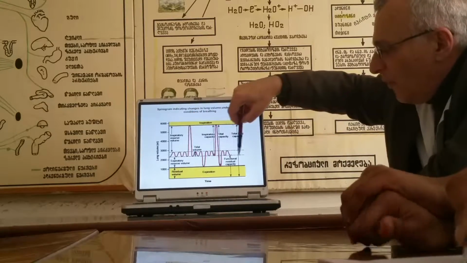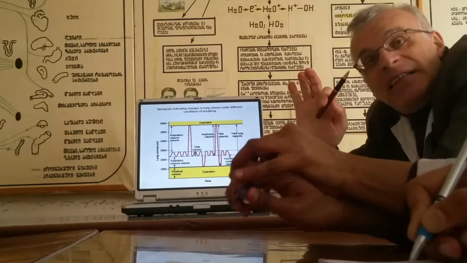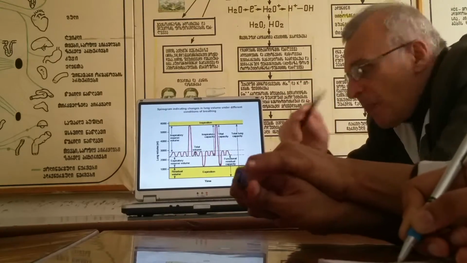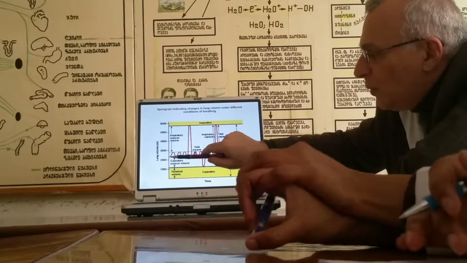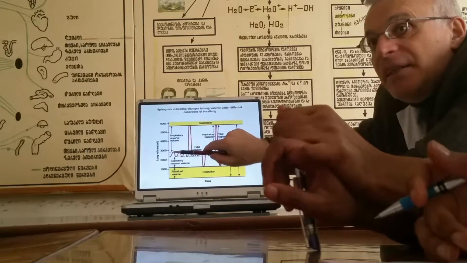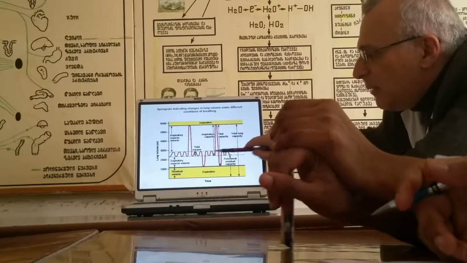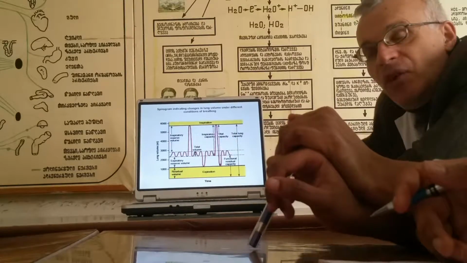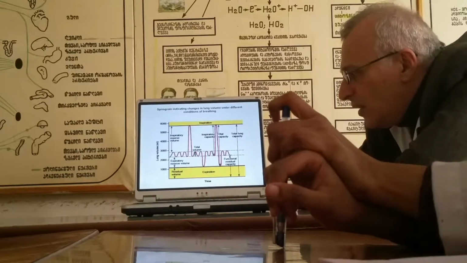This is called tidal volume, which is 500 milliliters. Here is inspiration, expiration. You inspire and then expire, inspire, expire. This amount is called tidal volume, the normal resting volume.